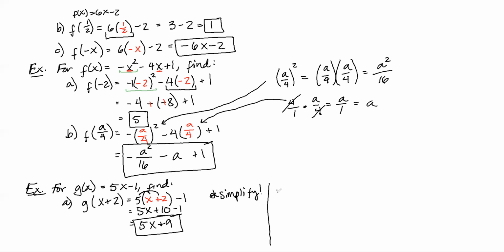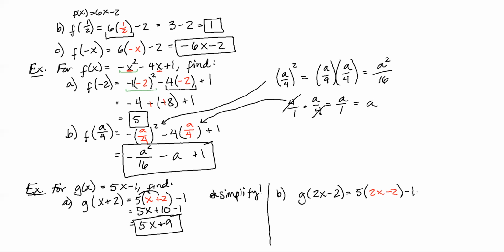All right, and then I'll go ahead and do part B over here. Part B, we're looking for g of 2x minus 2. So exactly like what we did over here, we're going to replace this x with 2x minus 2. So we're going to have 5 times 2x minus 2, and then minus 1.